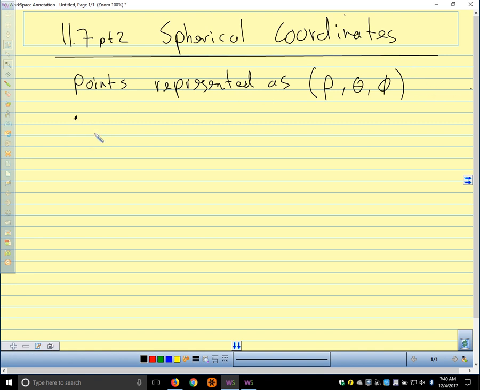Rho is the distance from the origin to the point. So rho is like the radius of our sphere. Theta is the same as our angle in polar coordinates.